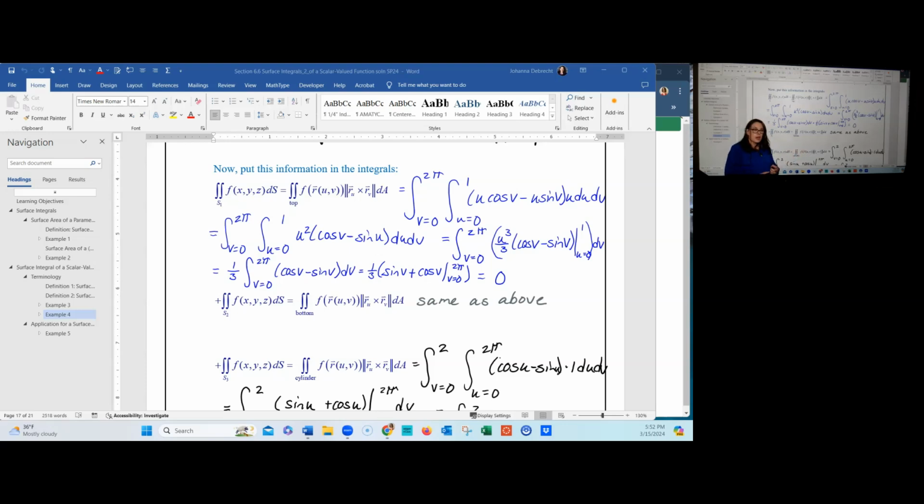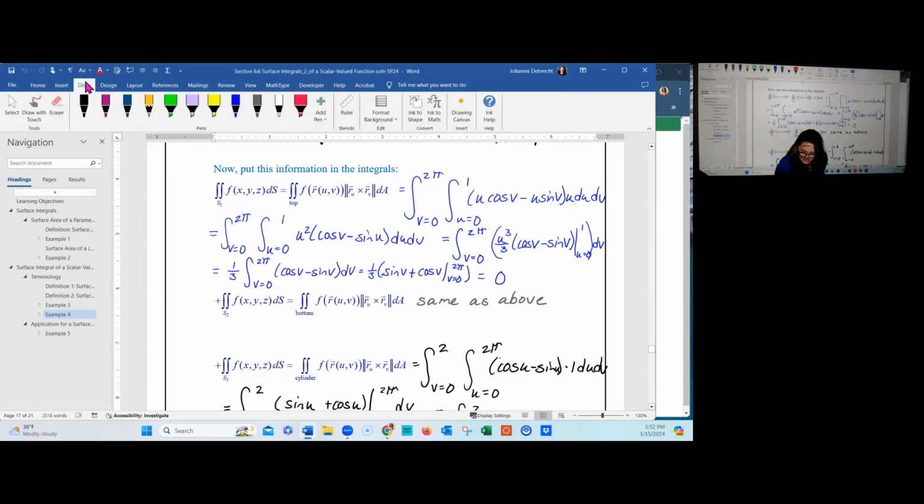You can factor the common factor of u out of the parentheses to give you u squared times the quantity cosine v minus, well, I think that's supposed to be sine of v. So let me get that changed really fast. Looks like this should be sine of v.